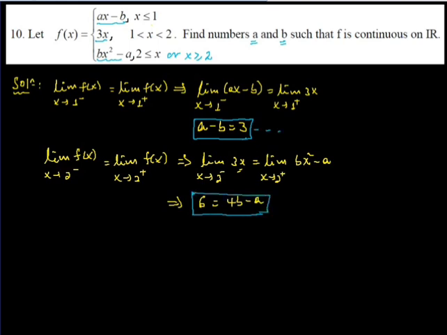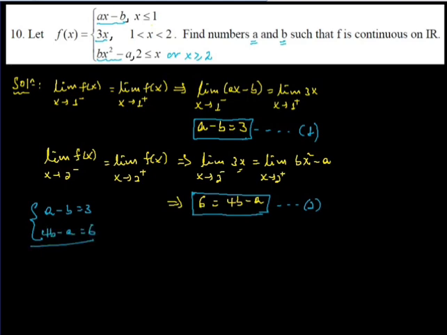The first one is this one, and the second one is this one. You can use substitution or elimination, whatever method you like. So we take these two equations: a minus b is equal to 3, and 4b minus a is 6.